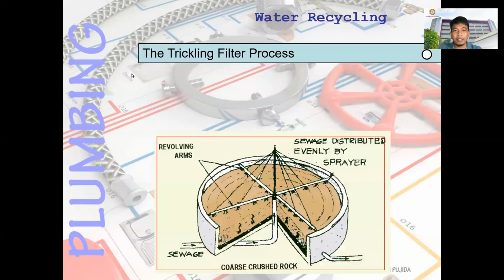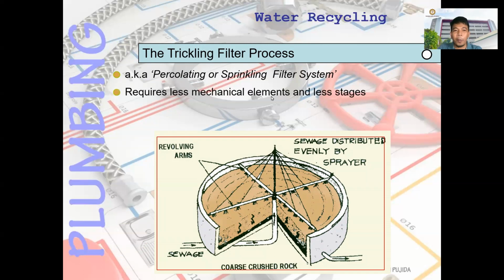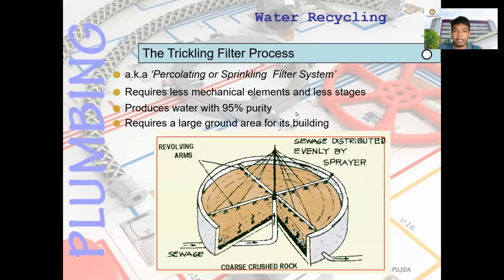So another process is the trickling filter process, also called the percolating or sprinkling filter system. This requires fewer mechanical elements and fewer stages. It produces water with 95% purity, and requires a large ground area for its building. Since you have a large area, maybe the collecting area for this process serves a subdivision, or many houses.